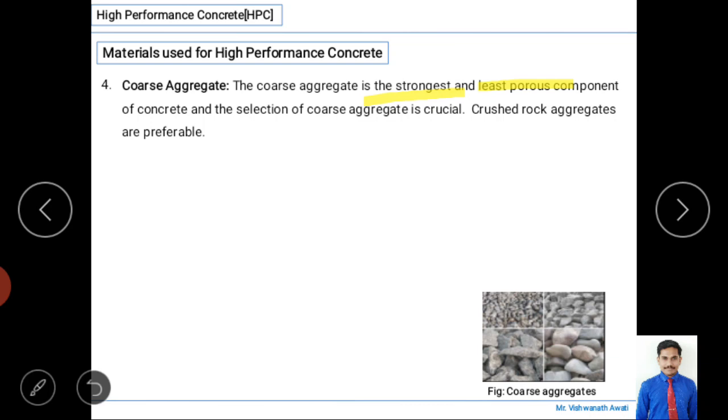For high performance concrete, coarse aggregate takes the main role, so we have to take care about it. Why? Because it is the strongest part and the least porous material. So the suggested choice is crushed rock aggregate.